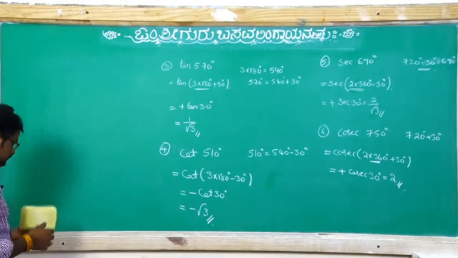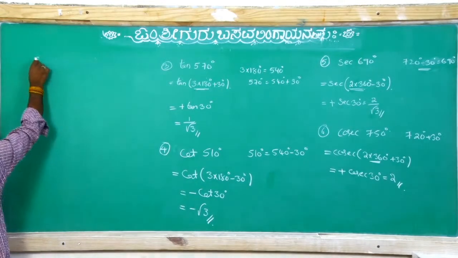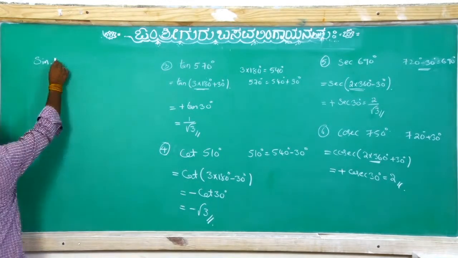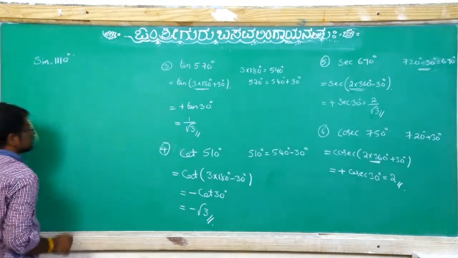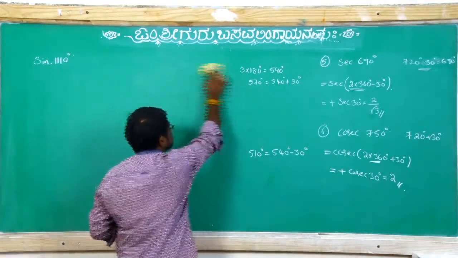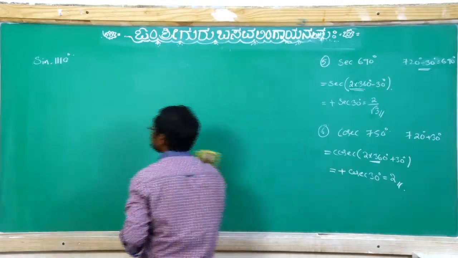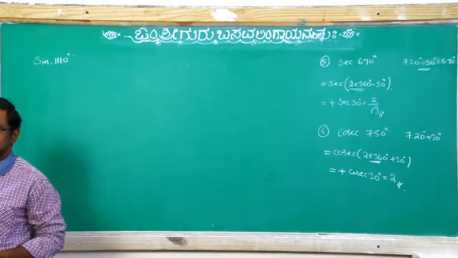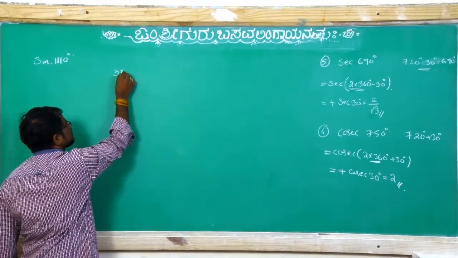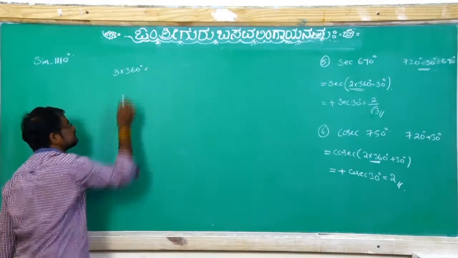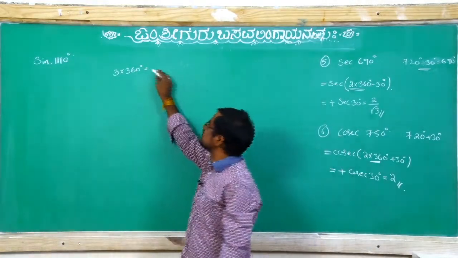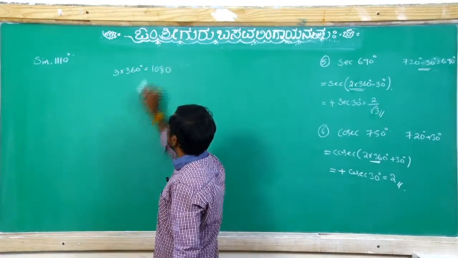Next. Sine of 1110 degrees. So 3 into 360 if you multiply, what will we get? 1080.